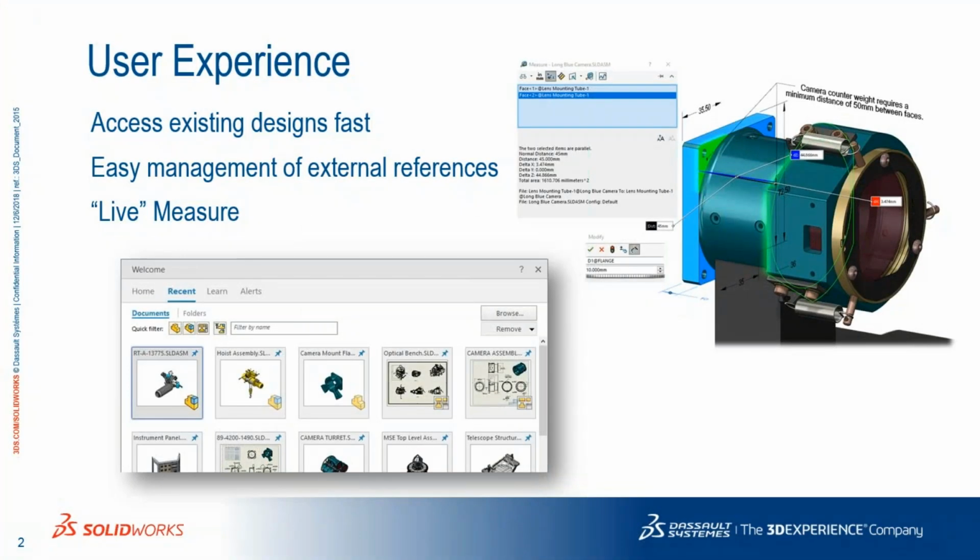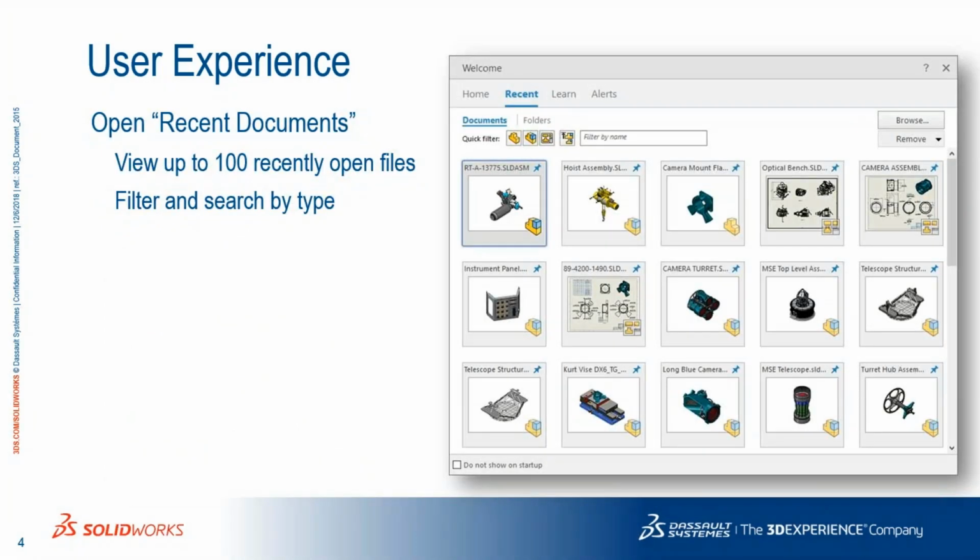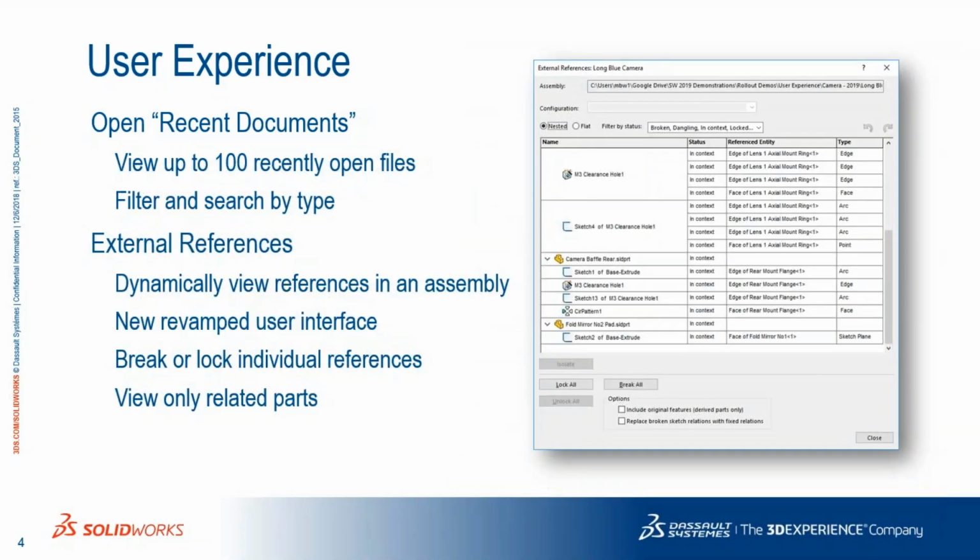So just to recap what we looked at there, we've got our recent documents that we can now have up to 100 of them open or displayed to choose from. We can filter and search by type. We've also got our external references where we can dynamically view those references in an assembly with a new user interface and have that laid out nice in an organized fashion.